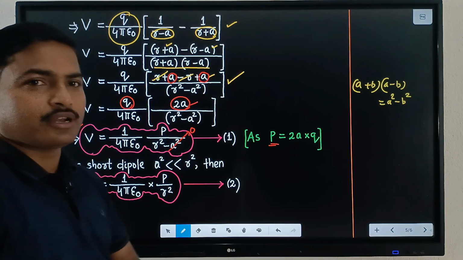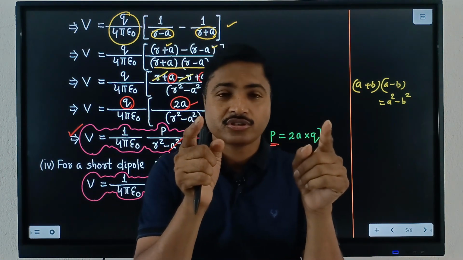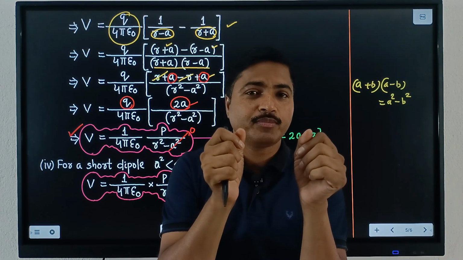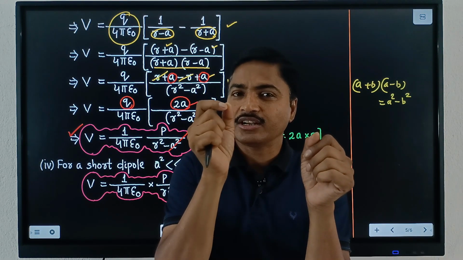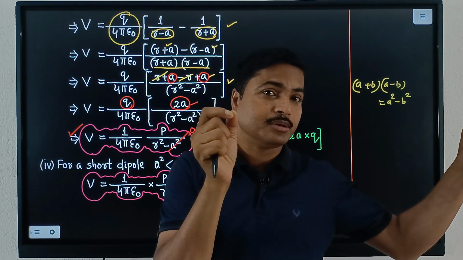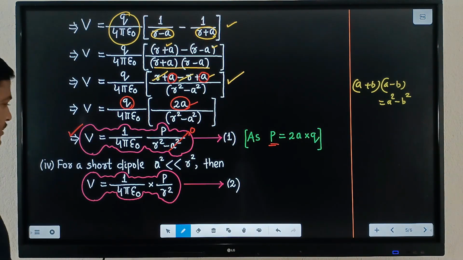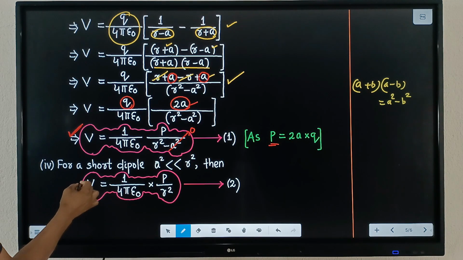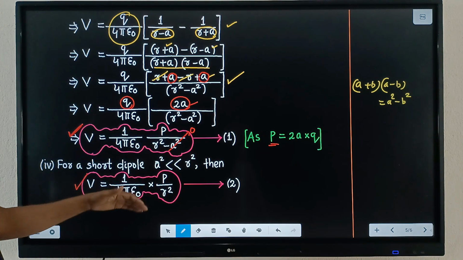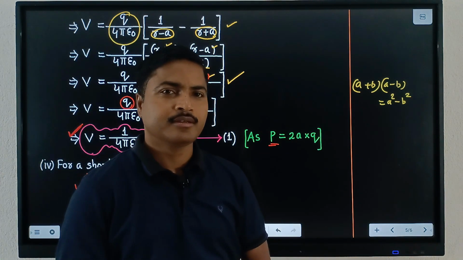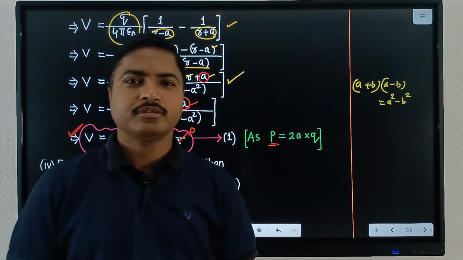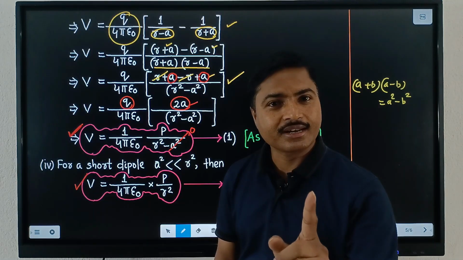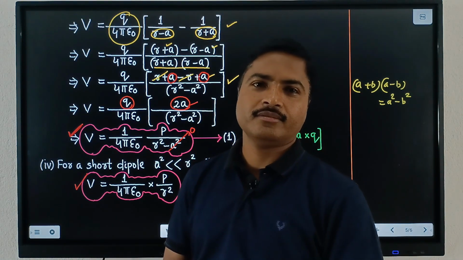That means for a short dipole, the distance between the two poles is small compared to the length from the center of the dipole up to the observation point. So this one is a special case, and your two expressions are there.